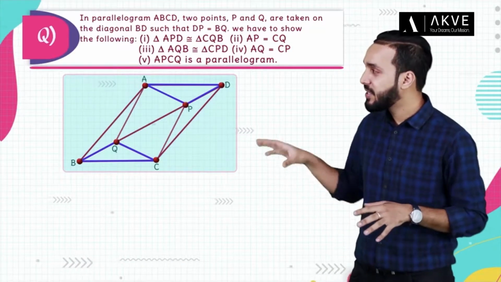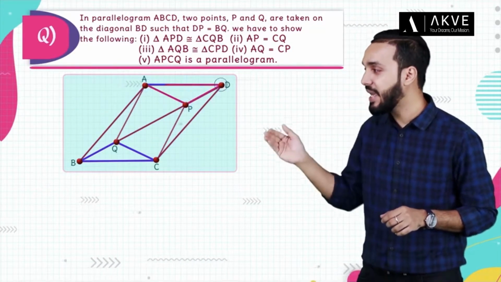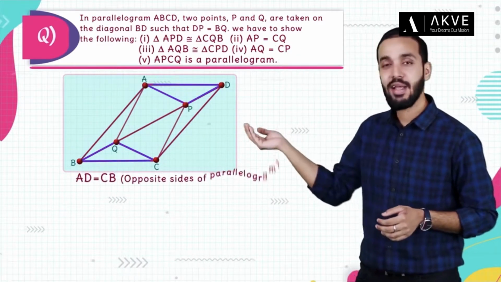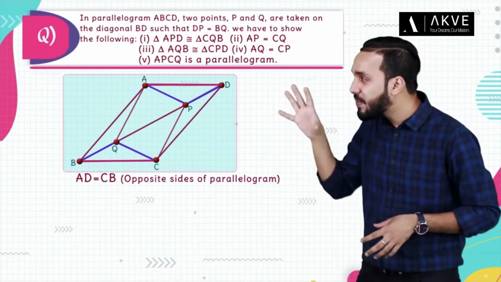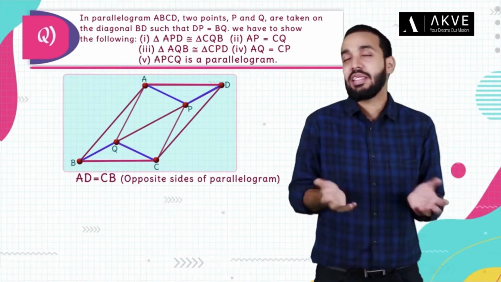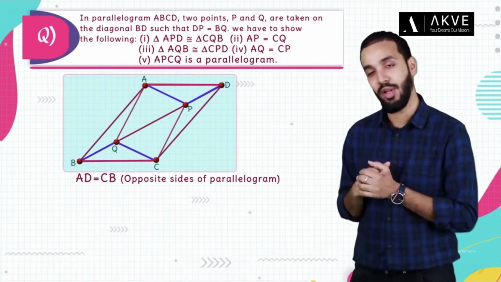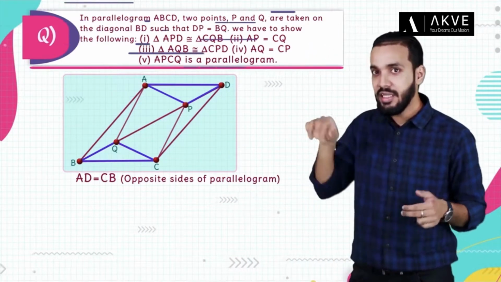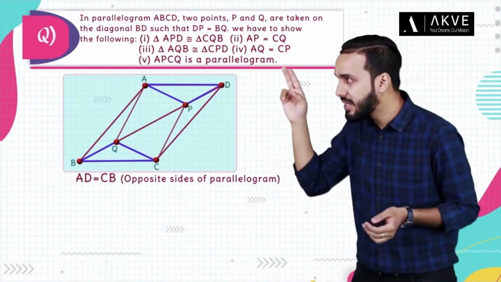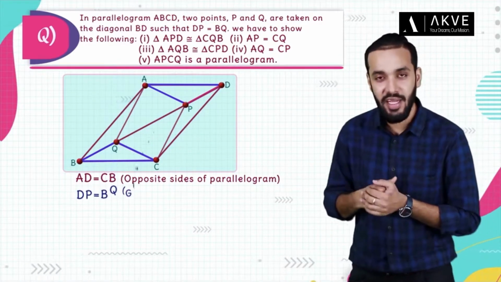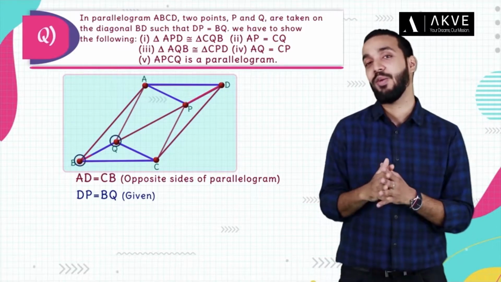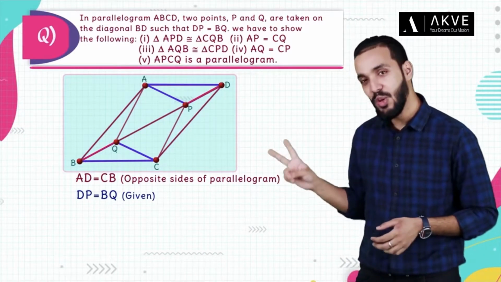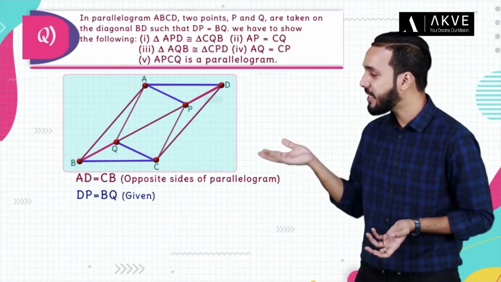We can see that in triangles APD and CQB, AD is equal to CB since they are opposite sides of a parallelogram which, as we already know, are equal. And the question itself tells us that DP, which is the same as PD, is equal to BQ. So, we have two pairs of equal corresponding sides.